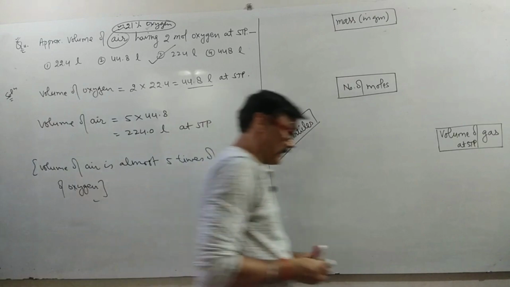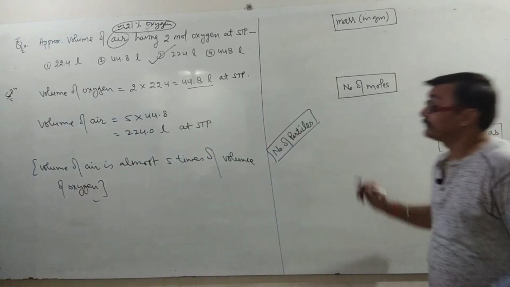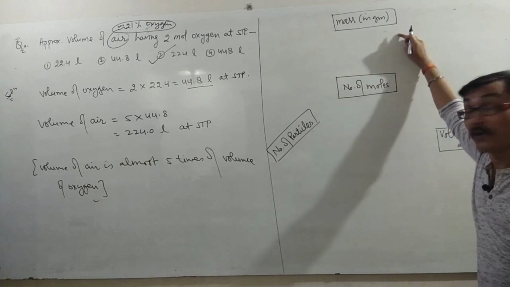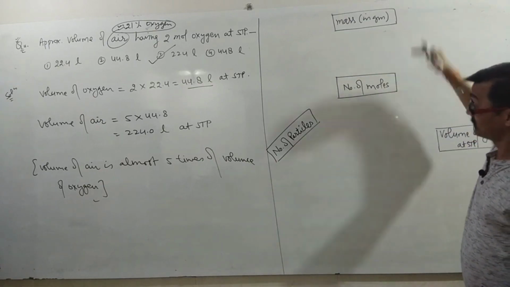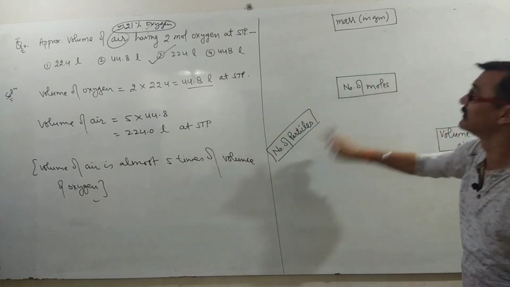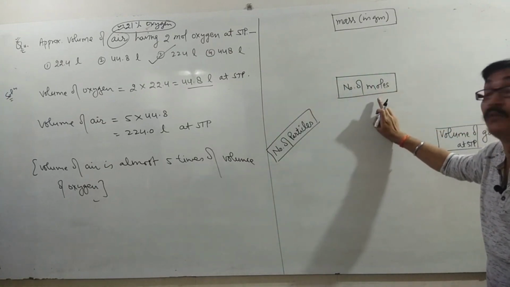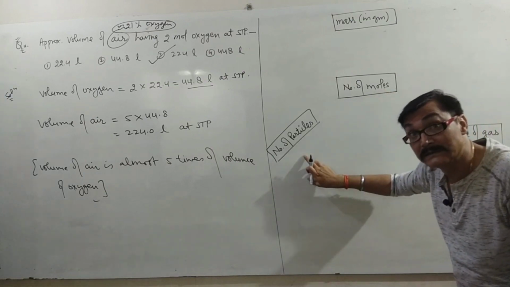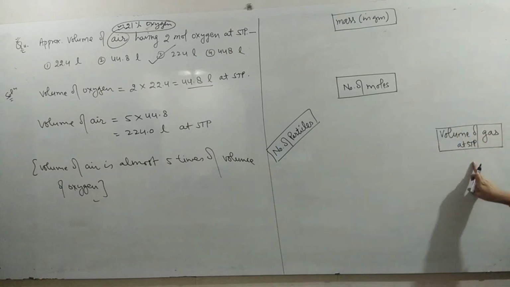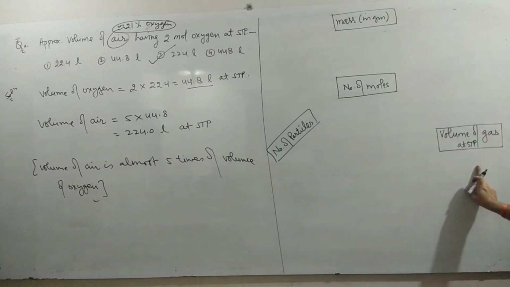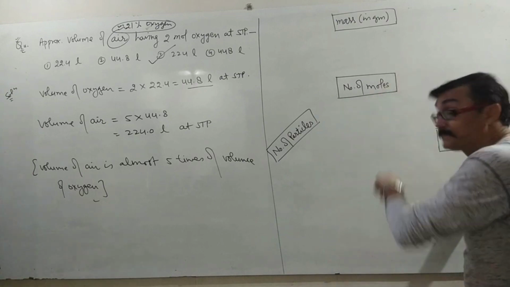Now, if we had to find number of moles from mass, or change moles into mass, or find number of particles from moles, or number of moles from number of particles, volume of a gas from its moles, or moles from its volume at STP, then we have studied all these relations.